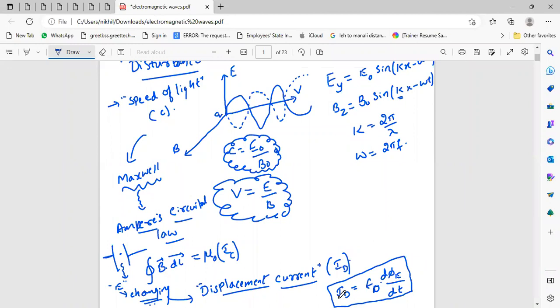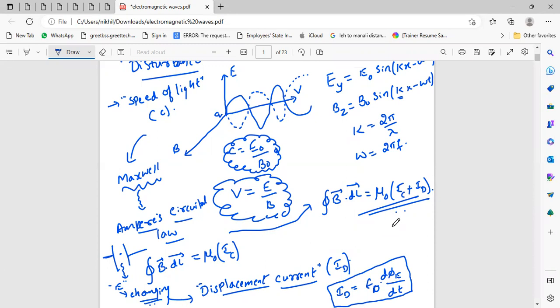So, according to Ampere's circuital law, Maxwell's equation is going to be rewritten. So, the integral of magnetic field, that is B dot dl, is equal to mu naught times the conduction current plus one more current that is due to the varying electric field, that is called the displacement current, ID.